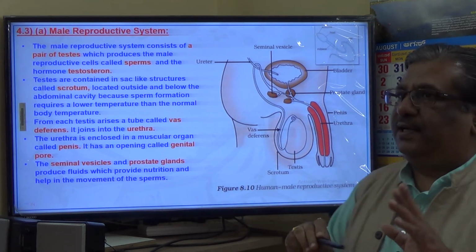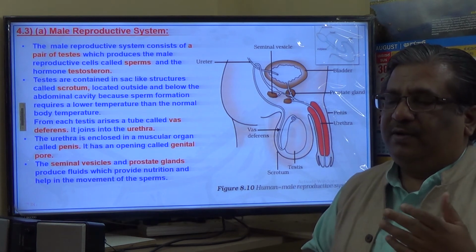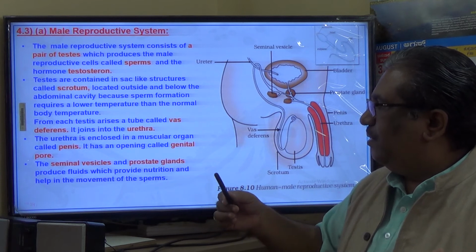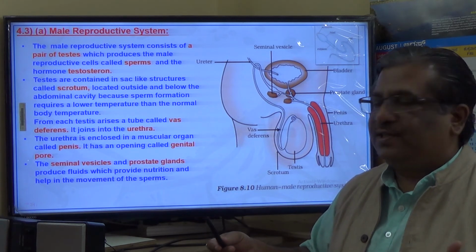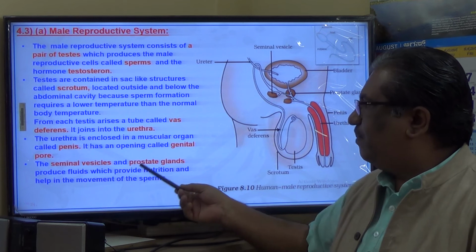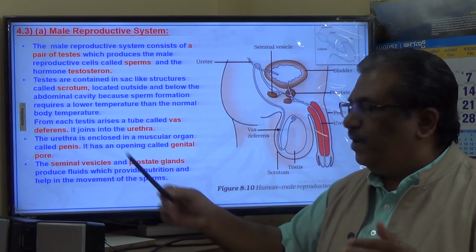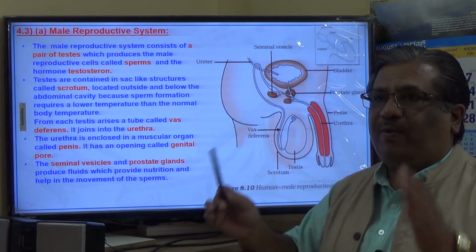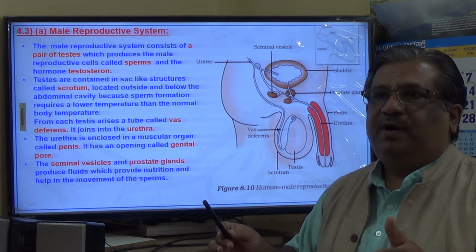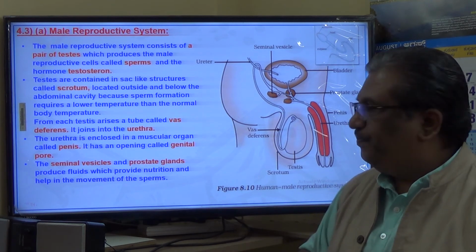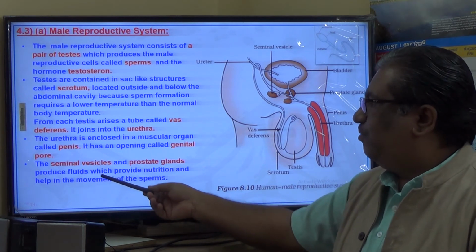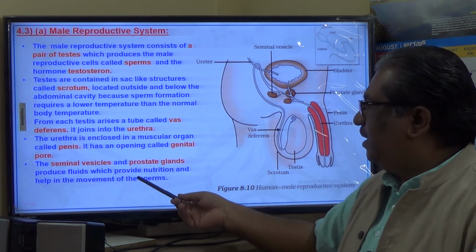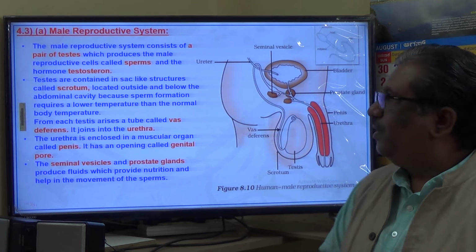So you can say there are two functions from the secretions of the seminal vesicles and prostate gland. The fluids provide a medium for the movement of sperms, and second, the fluids provide food, the nutrition, for the sperms.